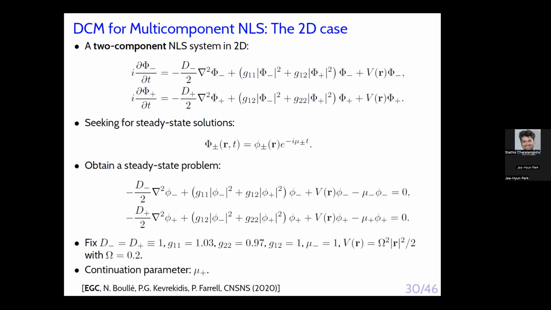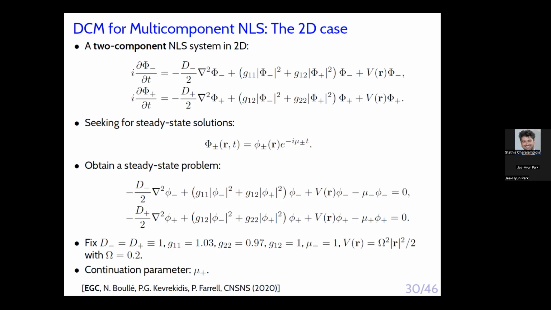So you're looking for stationary solutions. Again, by the same ansatz, now you have two chemical potentials, two mu's, one mu plus and mu minus. Plugging this here, you do get now a boundary value problem consisting of two nonlinear coupled ODEs.